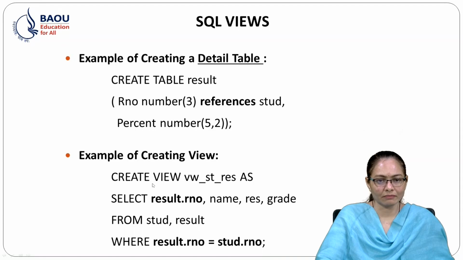Create view, view name as select result.roll number, which takes the roll number from the result table, then name from the student table, and grade from the result table, from student comma result, where result.roll number is equal to student.roll number, then semicolon.